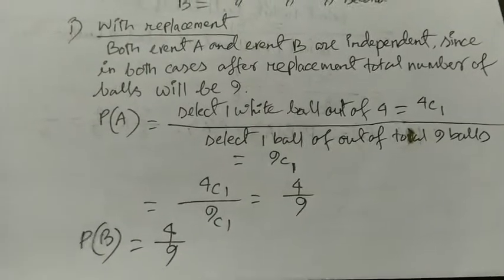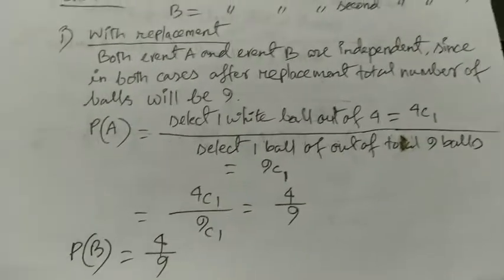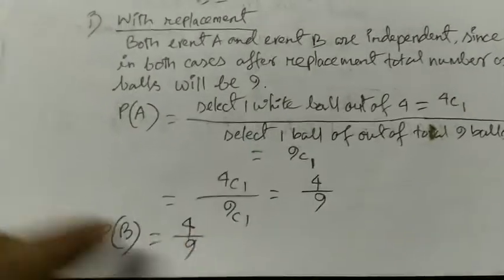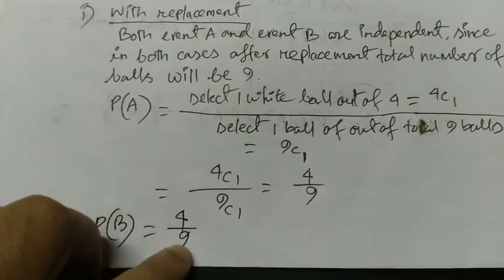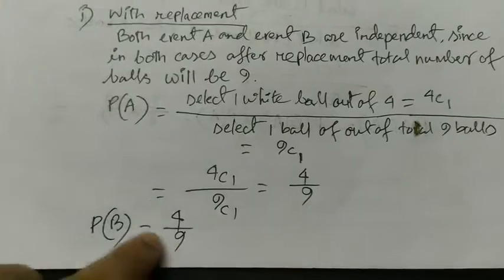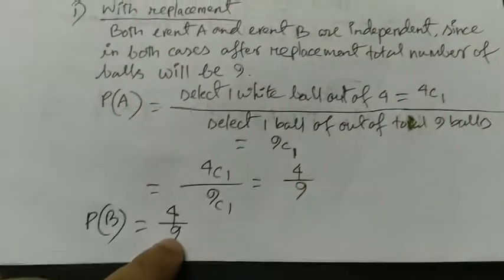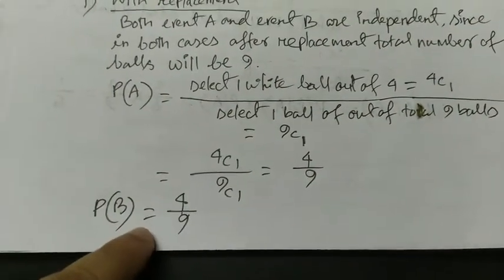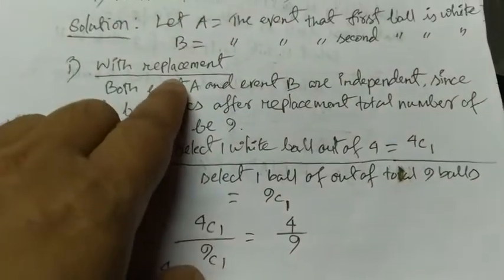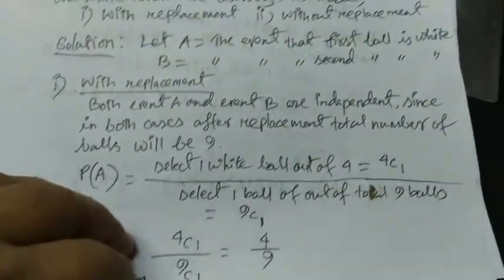The total number of balls is the same, and the total number of white balls is also 4 out of 9, so the probability will be the same as this one. So the probability of A and the probability of B will be the same because we are replacing the balls.